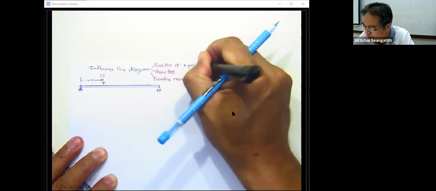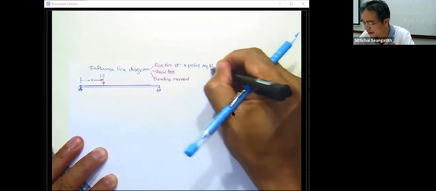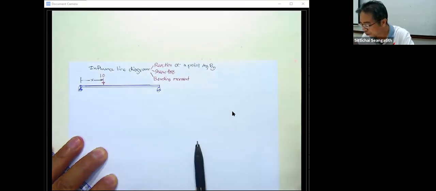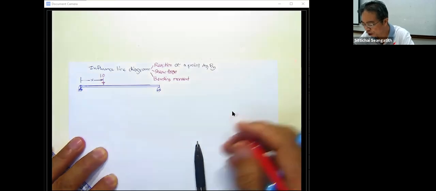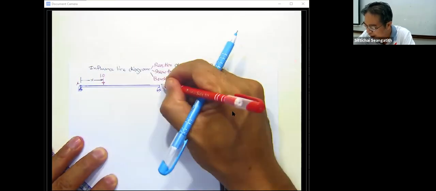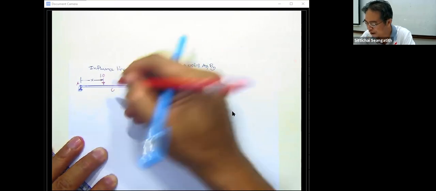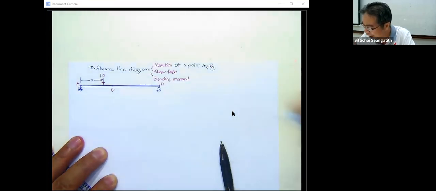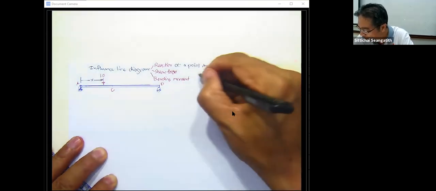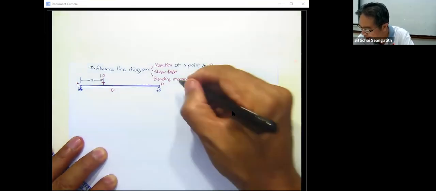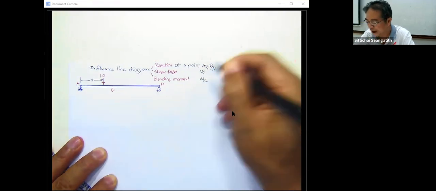For example, at the point of A sub y, at the point of B sub y, and for the shear force, this is A, B. You may put, for example, a point such as point C. So it's going to be V sub C, and the bending moment of the point C is going to be M sub C.